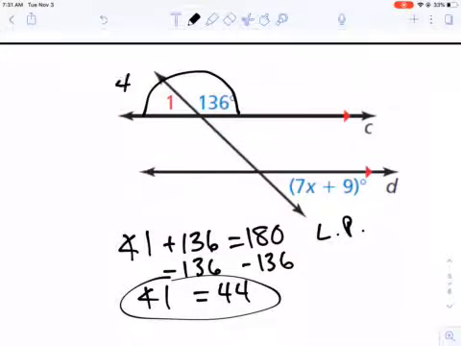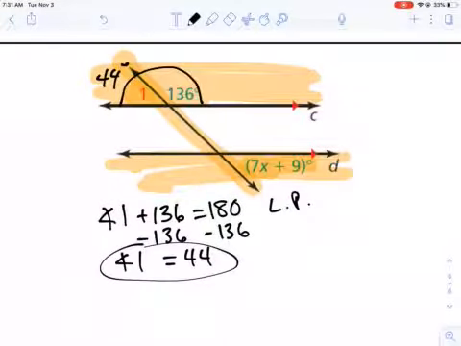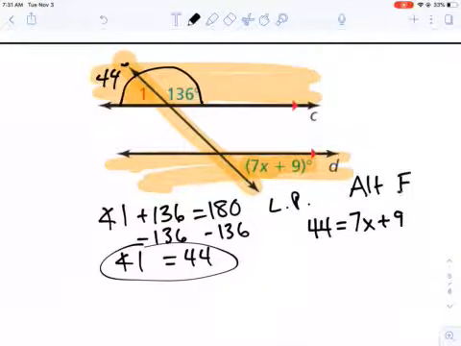But if this is 44, well, what do we know about this angle and this angle? They're on opposite sides of the transversal, and they're both outside. That's alternate exterior. Alternate exteriors are equal, so 44 equals 7x plus 9 because of the alternate exterior angles theorem.